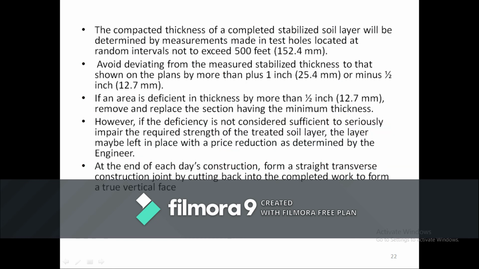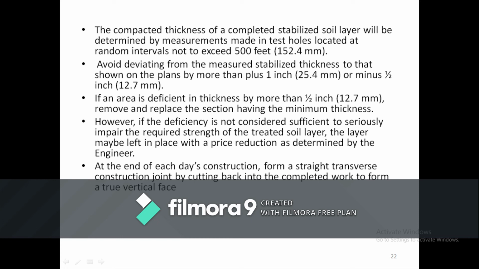The compacted thickness of the completed stabilized soil layer will be determined by measurements made in test holes located at random intervals not to exceed 500 feet. So how much should that be? Compacted thickness should be checked. Avoid deviating from the measured stabilized thickness shown on the plans by more than plus 1 inch or minus half inch.